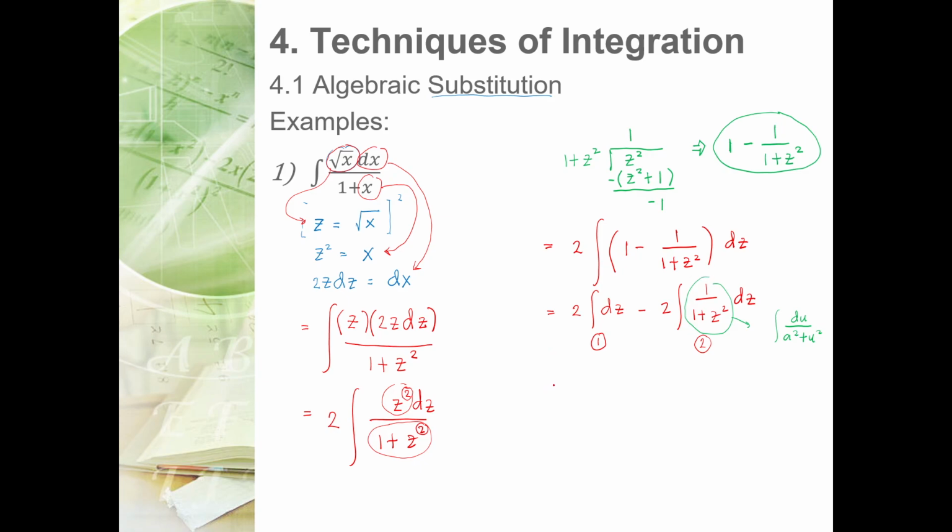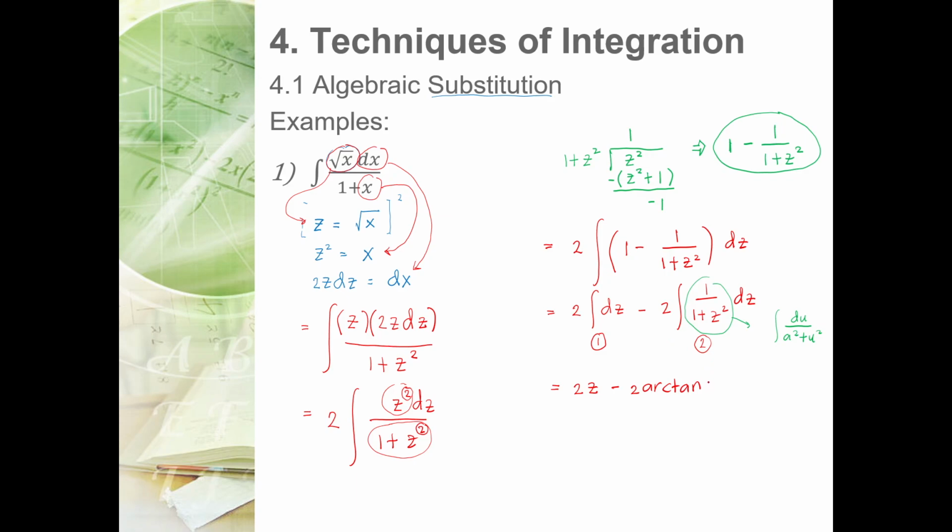Okay, so next you have equals 2z minus 2 arctangent z. Again, I didn't write 1 over a anymore because a squared is 1 and a is also 1, right? So it would be redundant to still put 1 over 1.